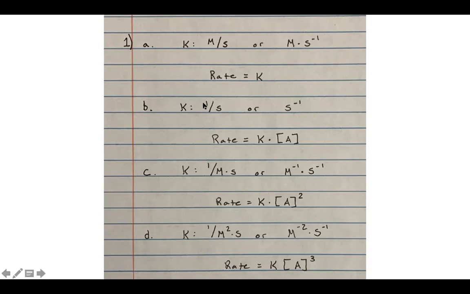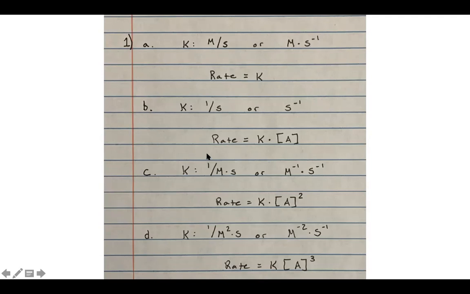Knowing that rate always needs to be molar per time, where time here is seconds, the units of rate need to be molar per second. And so in order for rate to be molar per second, our units for K have to be molar per second, or you can write it as molar times seconds to the negative first.